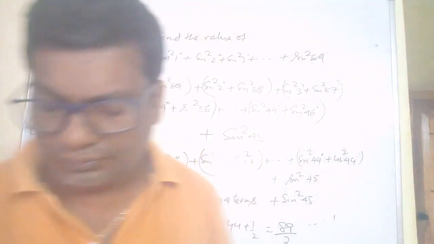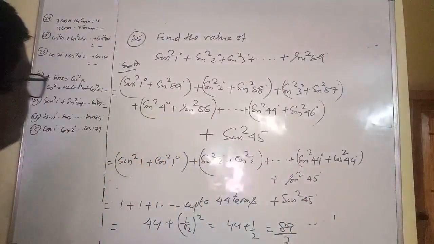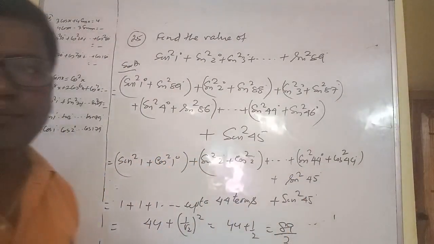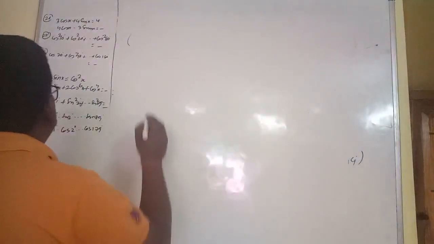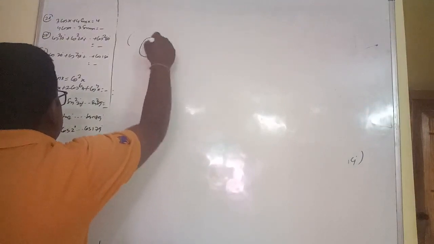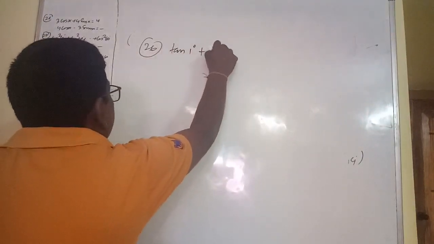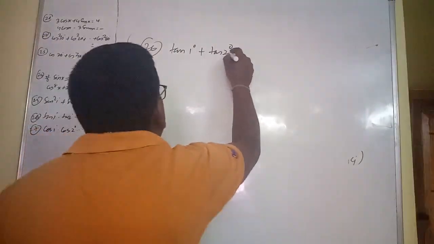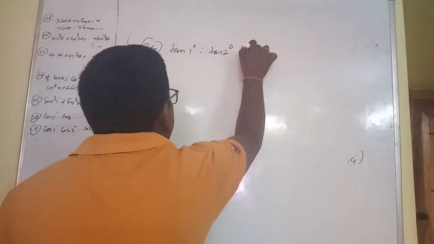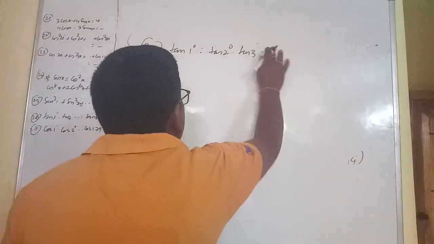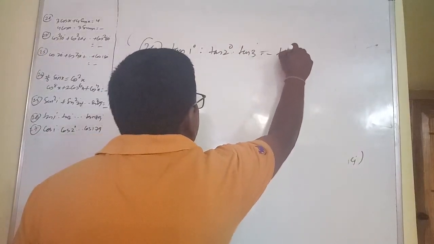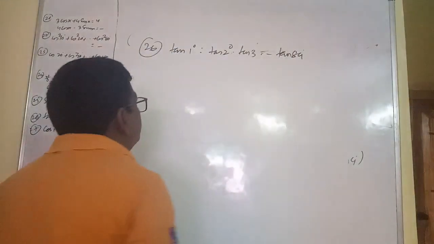Then another question. Question number 26, we have already done: tan 1 degree into tan 2 degree into tan 3 degree, up to tan 89 degree.